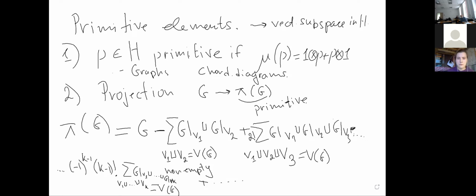Do you see the screen? You see only the white screen, yes? This is a projection along the subspace of decomposable elements. An element is decomposable if it is a product of two other elements, and here it is a projection along this subspace.